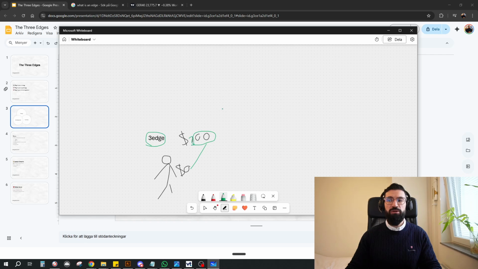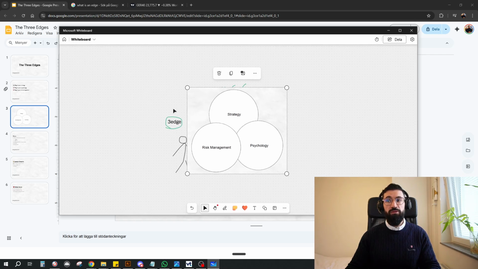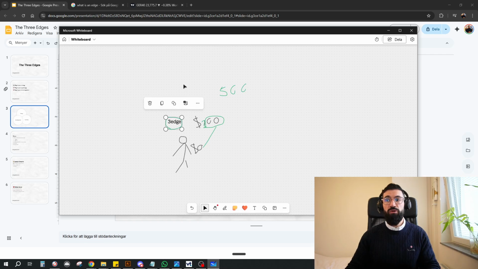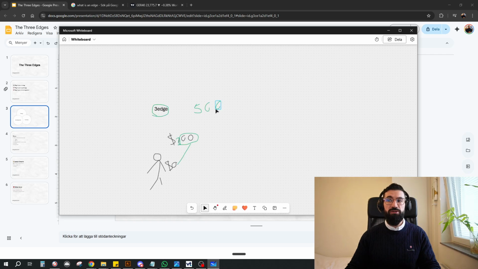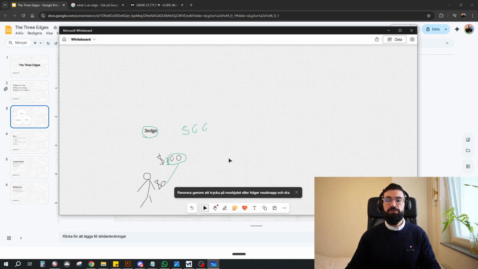Now, when you go from $100 to $500, then you need a new edge again, because you are doing something different, you're growing as a trader, and you will have new challenges that you face on the $500. This continues to happen over and over again because our mind, when we are here, sees this $500 as something huge, right? But when we reach it, it becomes a part of us. And that $500 starts feeling like the same thing it felt when we had $0 in our account.